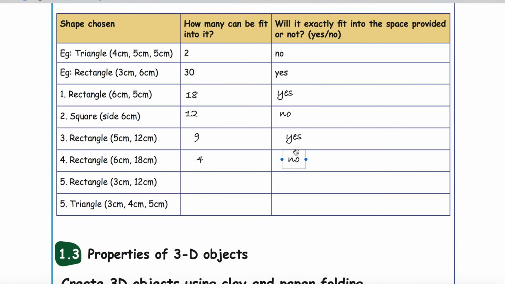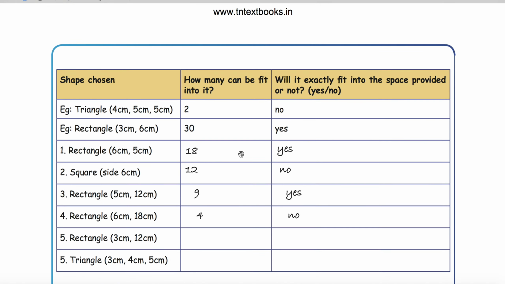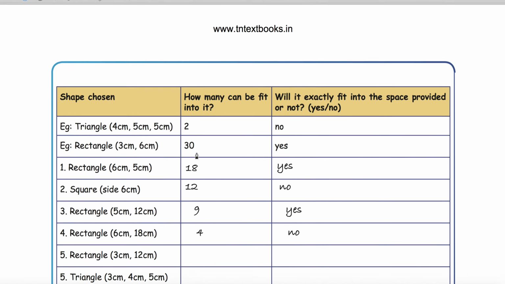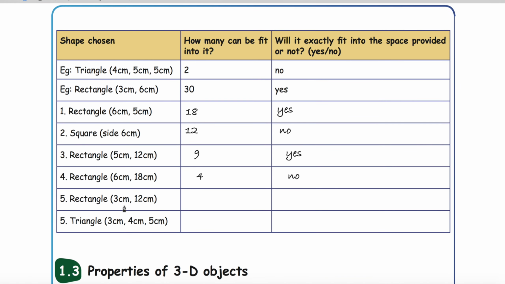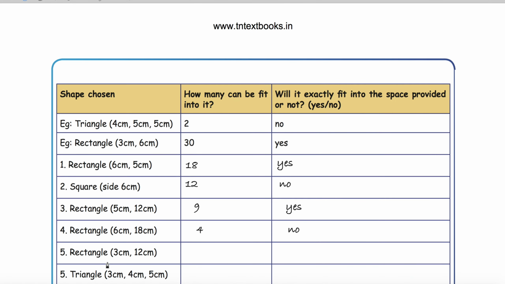Fine. 3 cm and 12 cm. 12 by 12, okay, that will go. 5 by 3 means 5, right? If 12 cm is the length and 3 cm is the breadth, yes, you can do. This is 3, this is 3, 9 only.